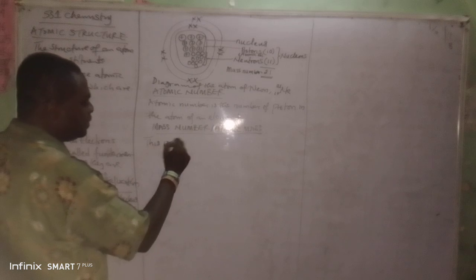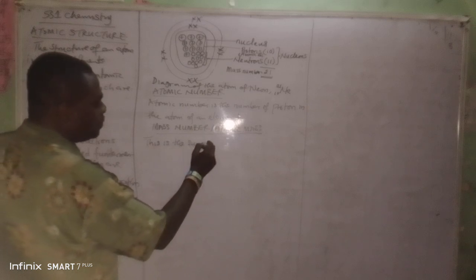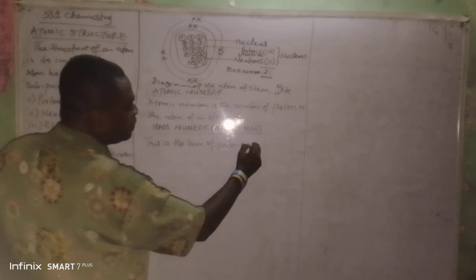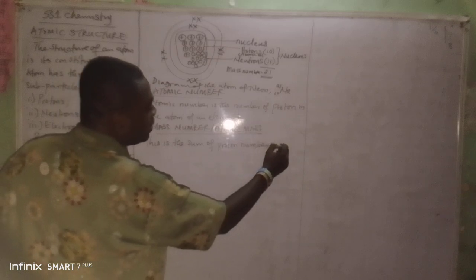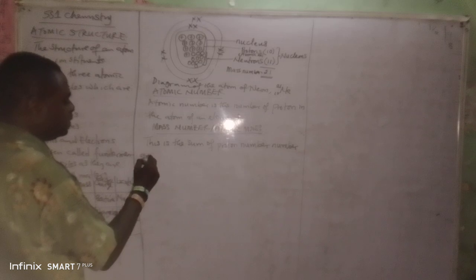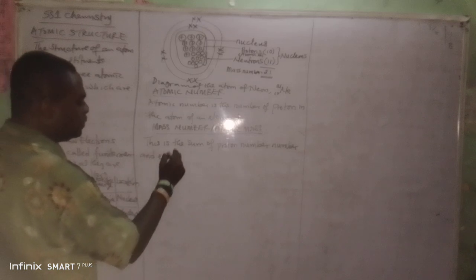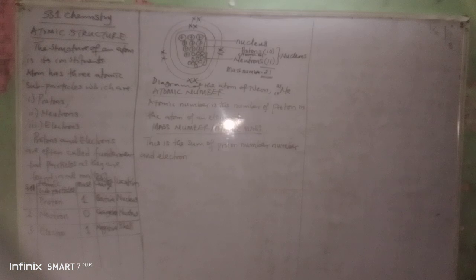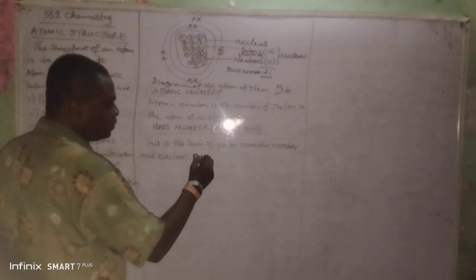This is the sum of proton number and neutron number in the atom of an element.